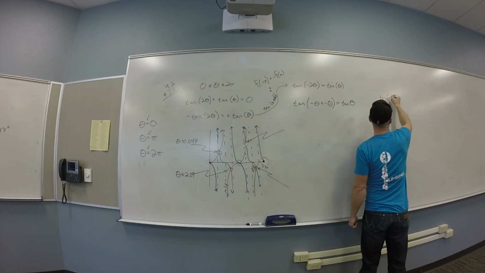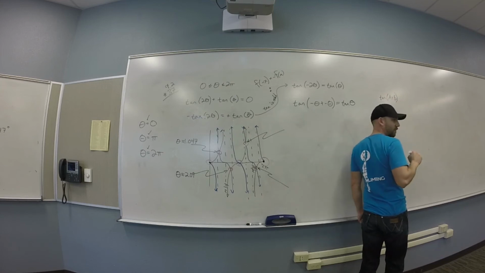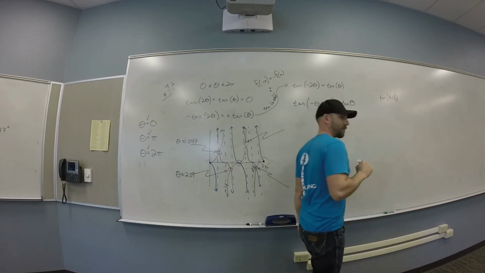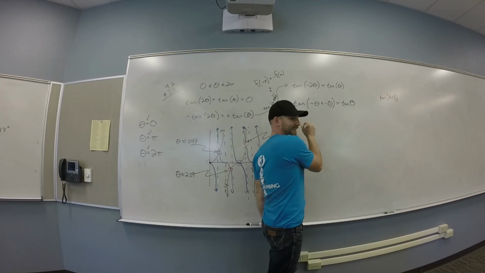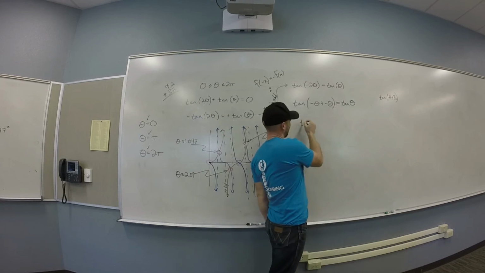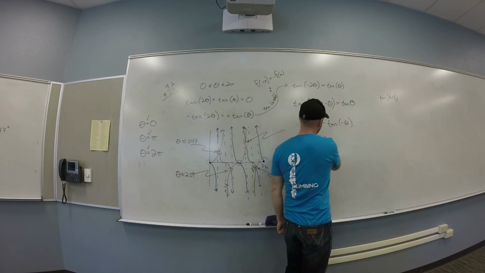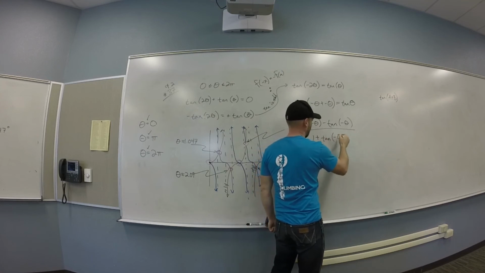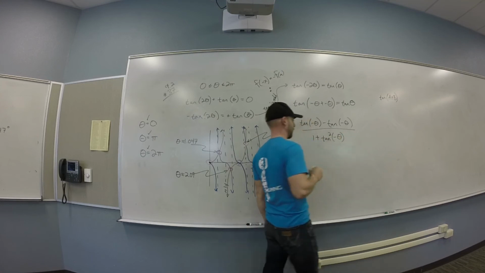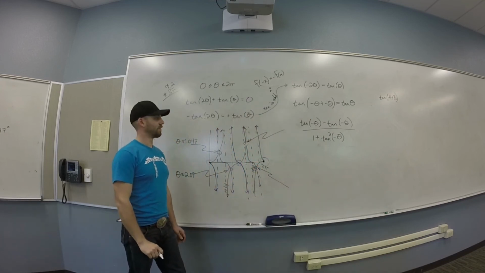Tangent of minus theta plus tangent of minus theta over 1 minus tangent of minus theta times tangent of minus theta.